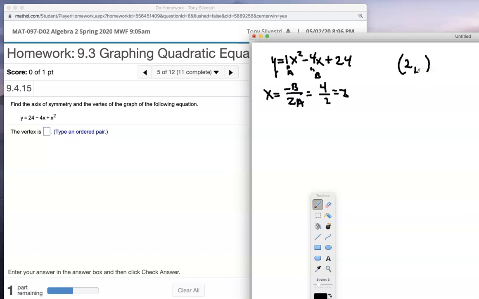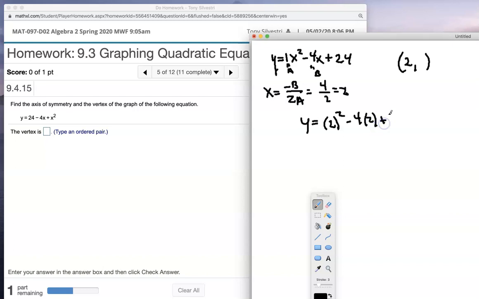You got to calculate the corresponding y. So everywhere you see an x in the original problem, it doesn't matter, make sure you put a 2 in parentheses. Everywhere you see an x, put 2 in parentheses. 2 squared, that's where the x was, minus 4 times 2, plus 24.